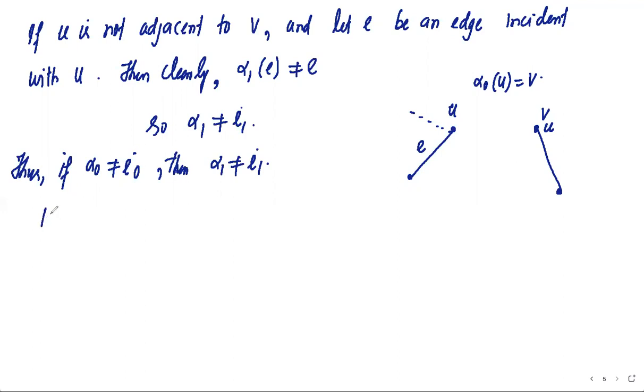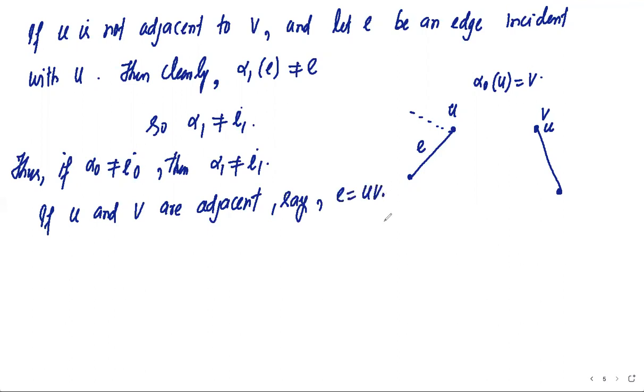Now next, if U and V are adjacent, say E is an edge defined by U V. So U and V are adjacent and UV is an edge.